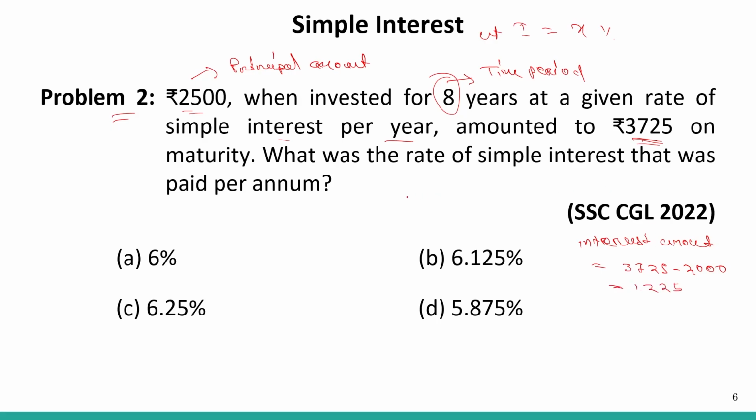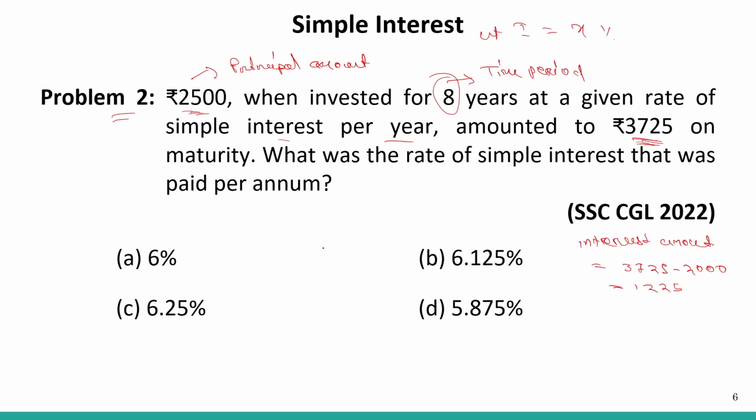Then what was the rate of simple interest that was paid per annum? What we are given is a principal amount of 2500, invested for 8 years, and the amount sums up to 3725.